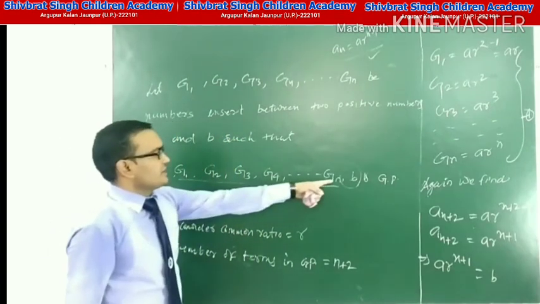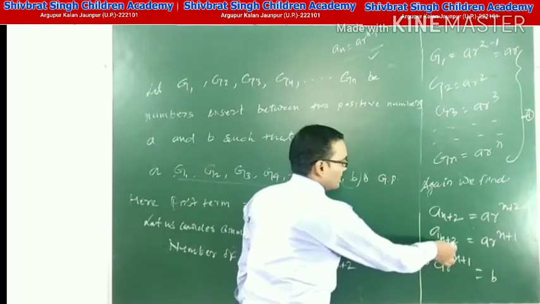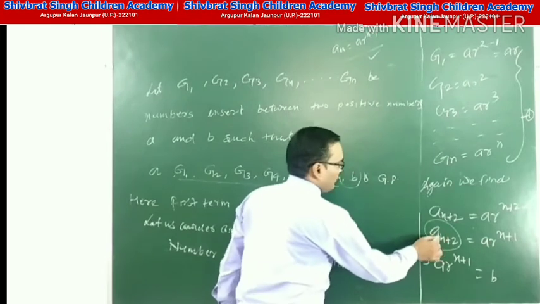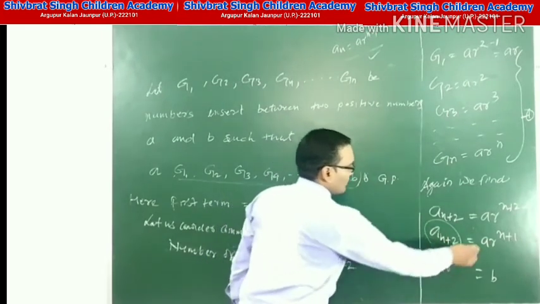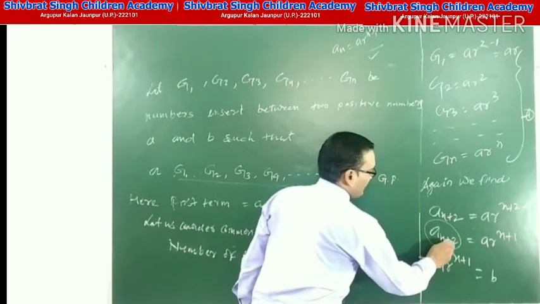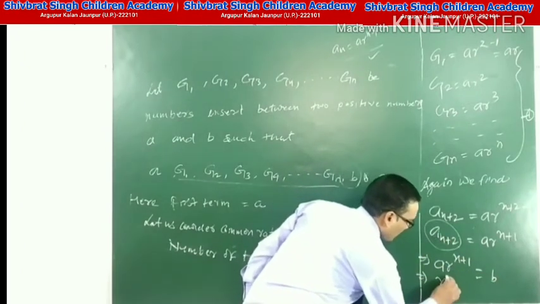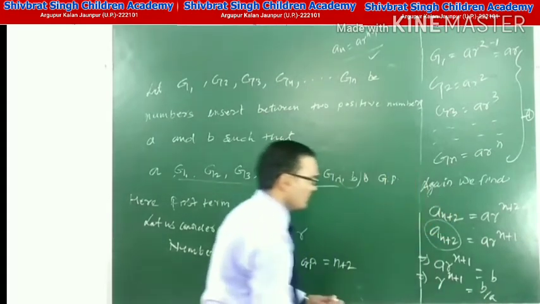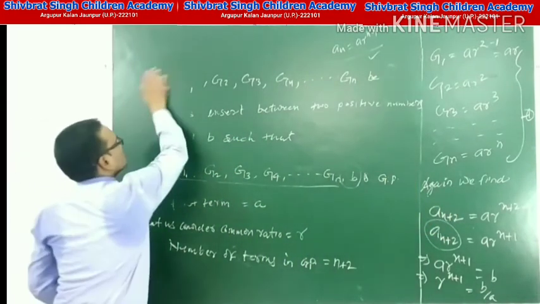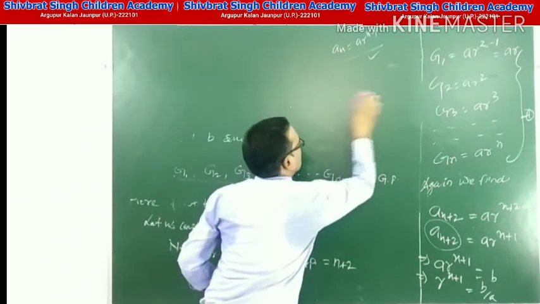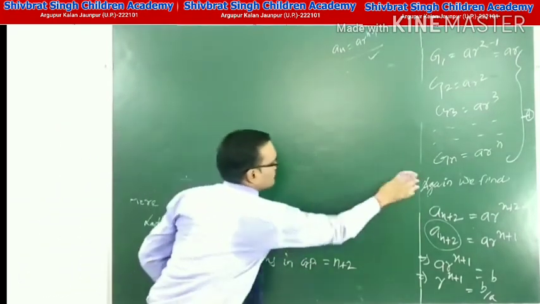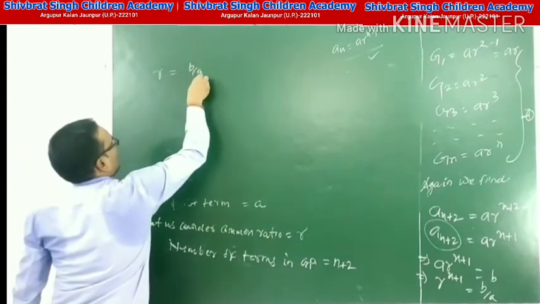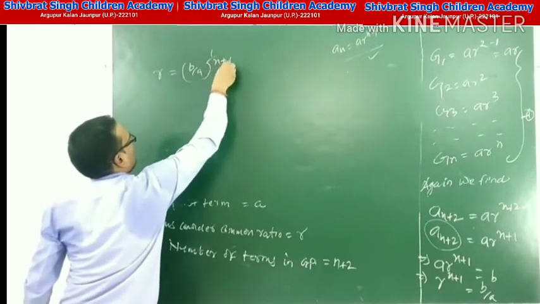The last term of this GP is b, that means the n plus 2 term of this GP is b. Then the value of an plus 2 is b. We put this value, then find ar to the power n plus 1 equal to b upon a. Again, r equals b upon a to the power 1 upon n plus 1.